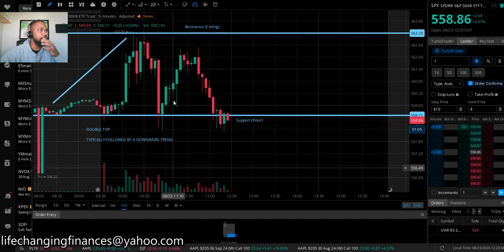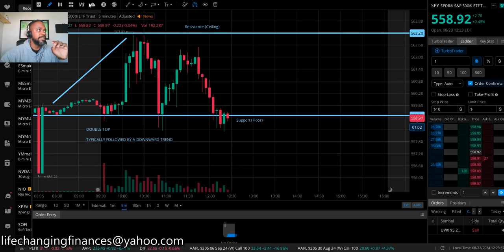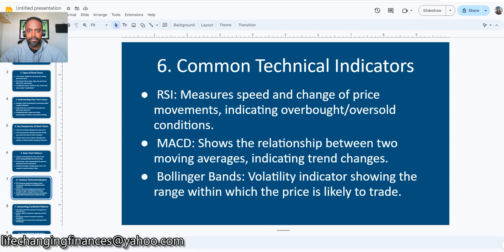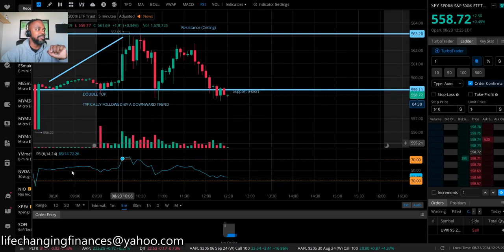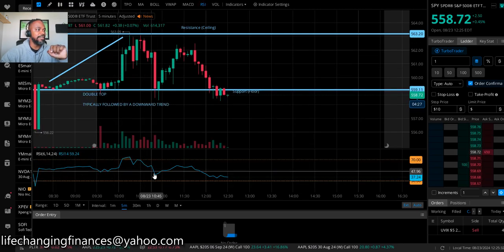Now, let's go ahead and move on to some of the different topics that are going to help you with the charts here. All right, now let's talk about common technical indicators. So you've got the RSI, which measures speed and change of price movements, indicating overbought or oversold conditions. And so when we click here, if you click where it says indicator, and it's got this little squiggly line with the arrow, all right, you can see if I click RSI, this is showing you the speed, right?